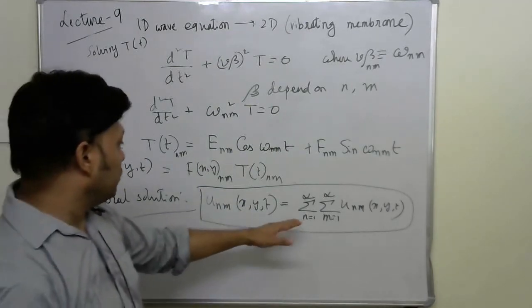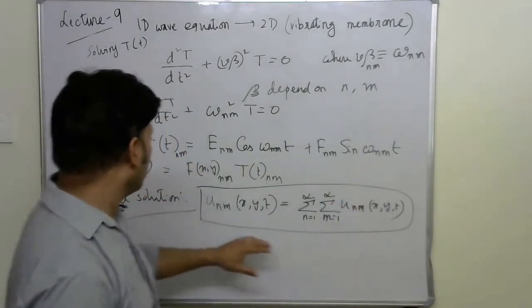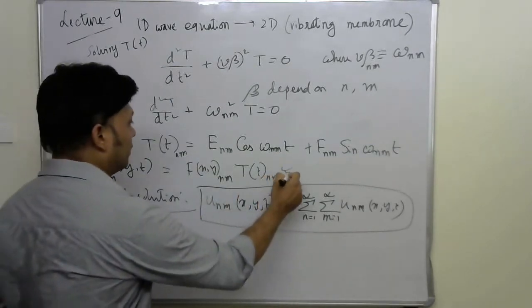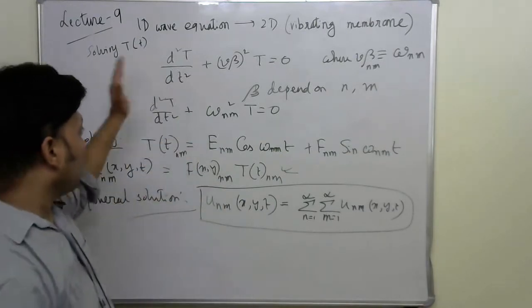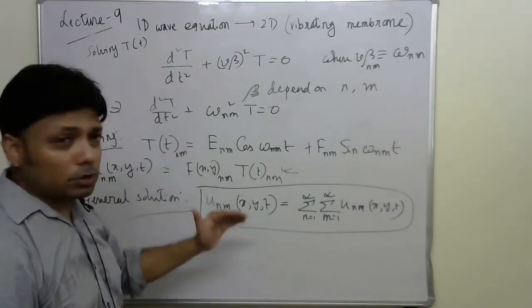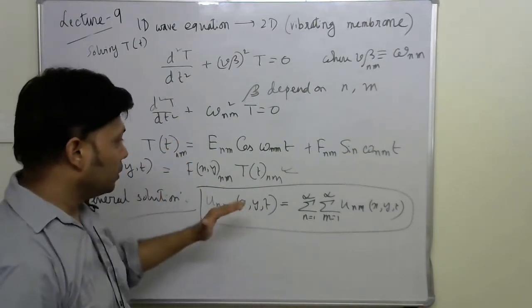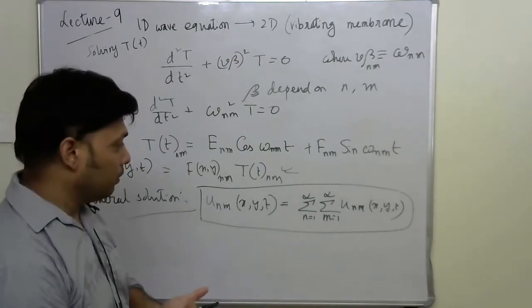Of course, we did not write the entire part of u nm, so the u nm part is over here, and we can expand it. All other concepts that were valid for the one-dimensional wave equation are also valid for the two-dimensional wave equation.